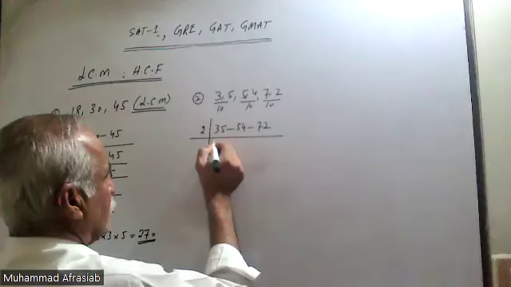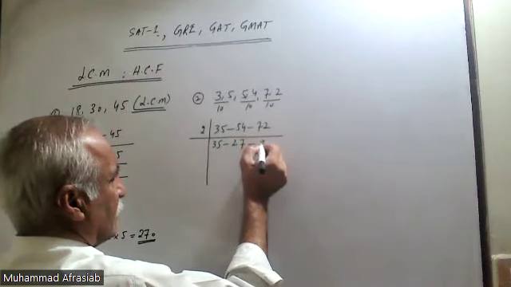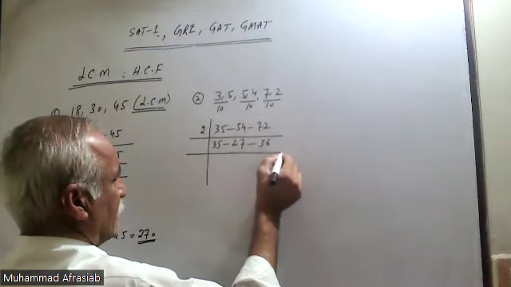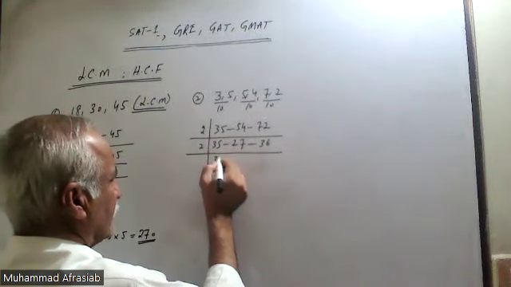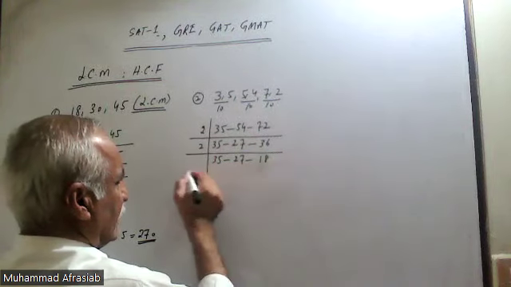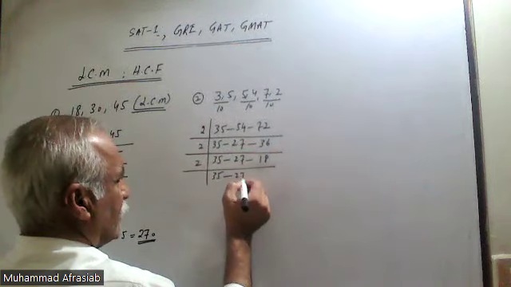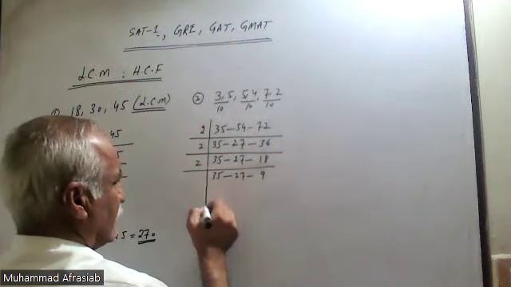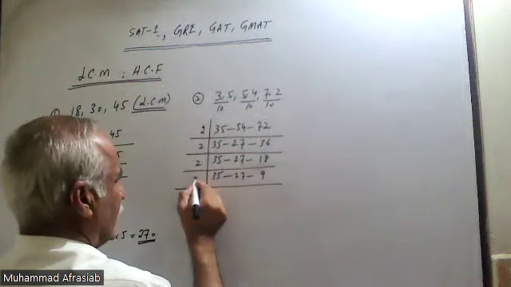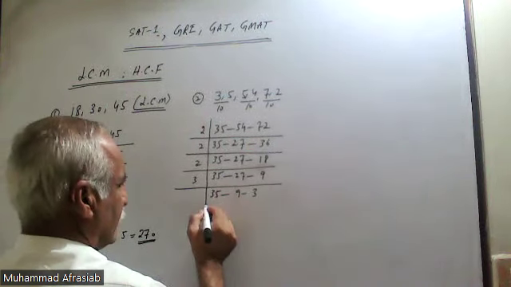This 2, 35, 27, 36. Then by 2, it is 35, 27, 18. Then by 2, 35, 27 and 9. Then you can divide it by 3, 35, 9, 3.